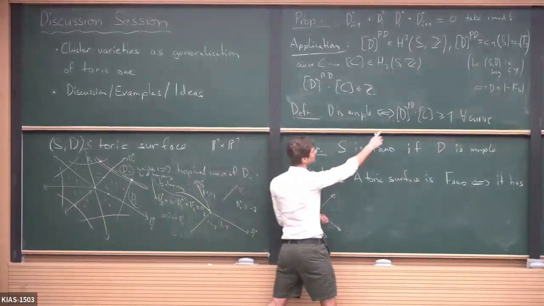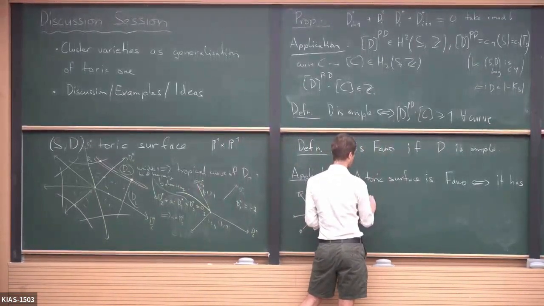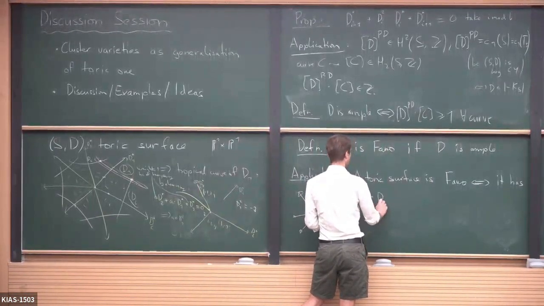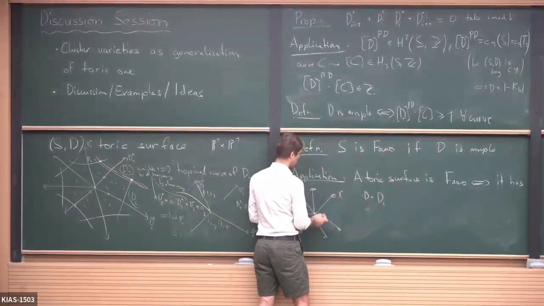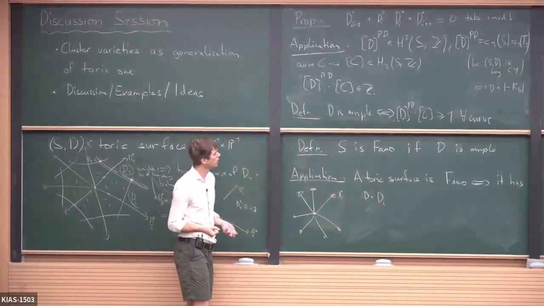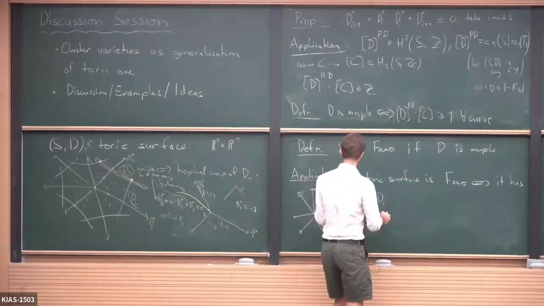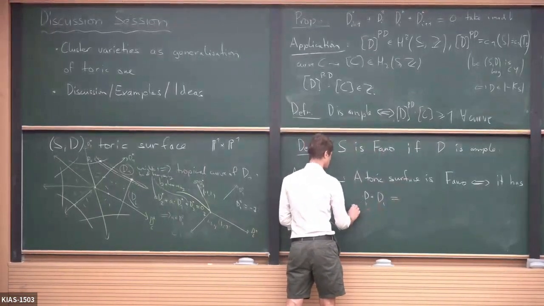Now we have this condition: D times any curve, but in particular I could look at D times Di. I can compute the intersection of this. D is D1 plus through DL.